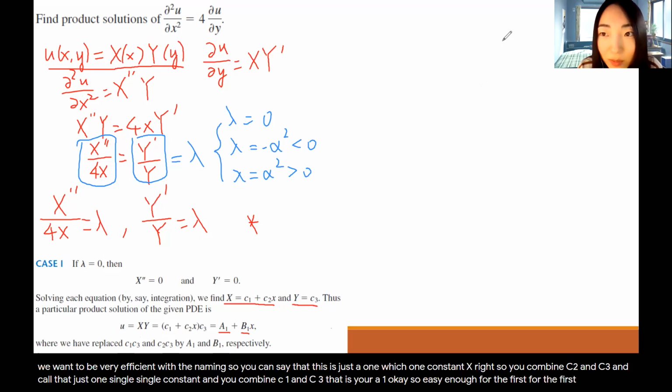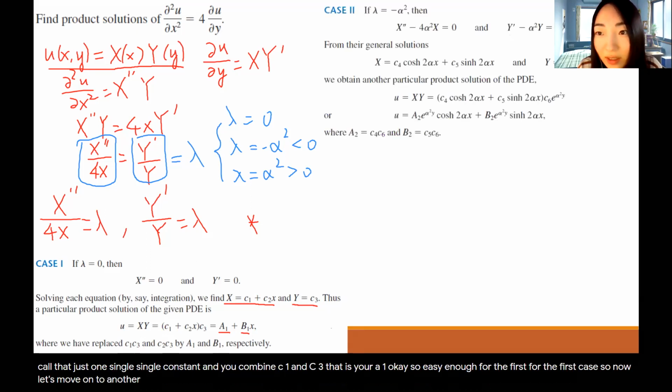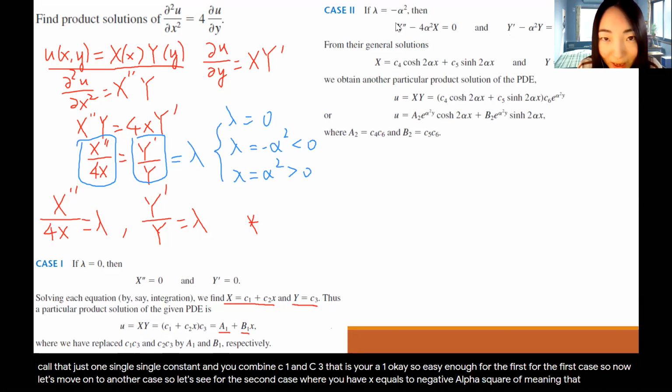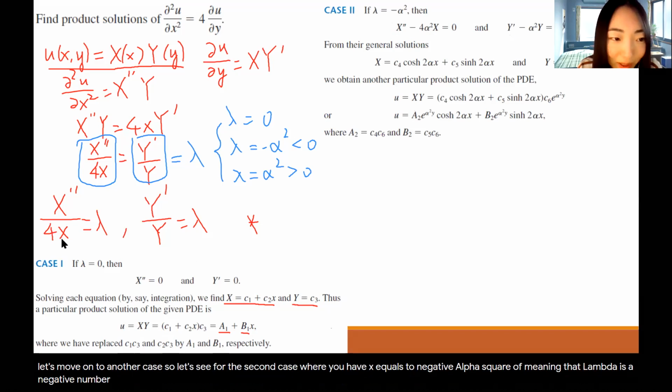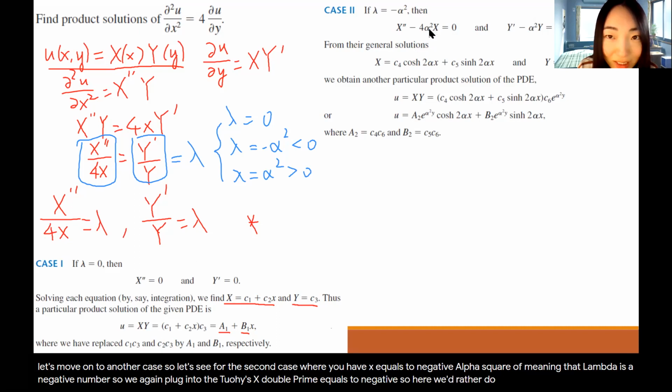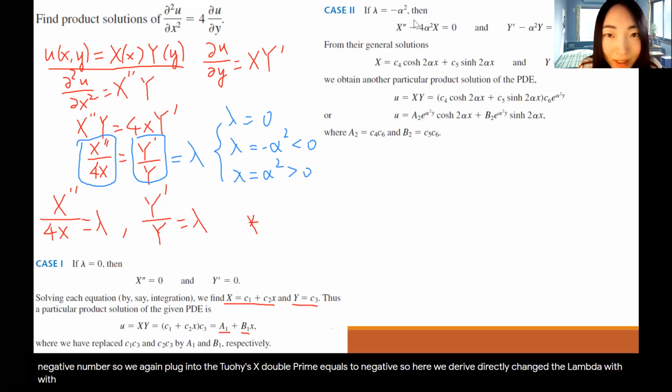Now let's move on to another case. Let's see the second case where lambda equals negative alpha squared, meaning that lambda is a negative number. We again plug into the two ODEs. X double prime equals negative... here we directly replaced lambda with negative alpha square.